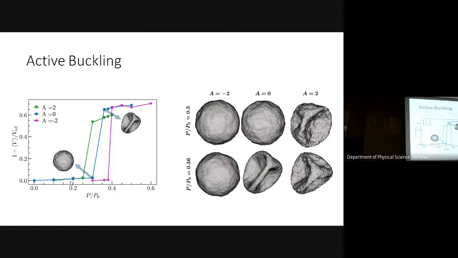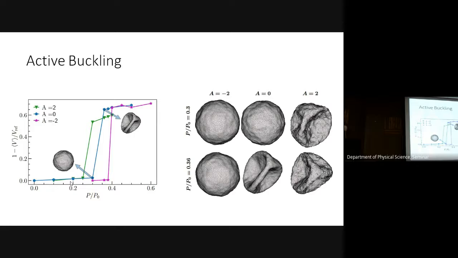Now on the right, I have added more fluctuation, and I see buckling. So something that is not buckled in equilibrium, if I shine light on it, is going to buckle. And something that is buckled, if I can make it more calm, is going to unbuckle. That is the main result of the simulations.